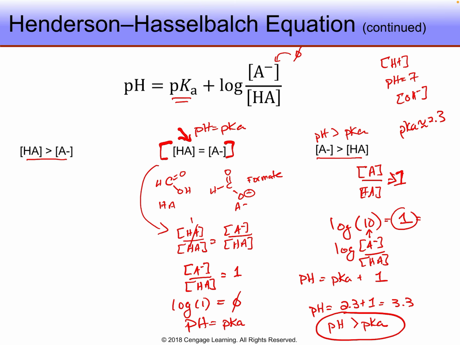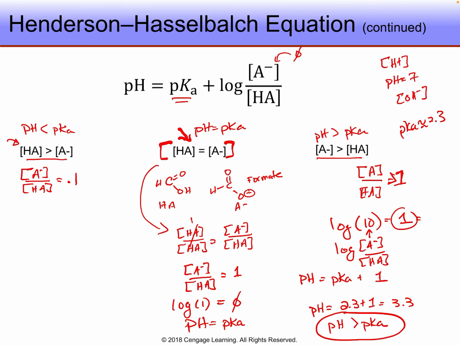And if you work through this for the case where you have more weak acid than weak base, what you will find is that the pH will always be less than the pKa. So it's somewhat intuitive, because if you have more acid, it's going to be more acidic than the pKa. And the analogy for this, just to provide an example, is let's say that the concentration of A minus over HA is now 0.1.